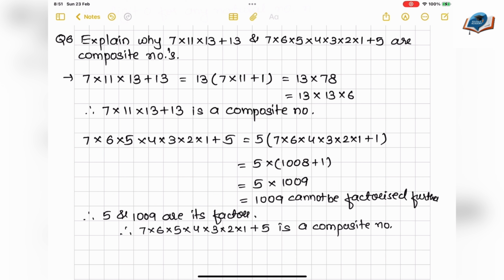Now next, theorem 1.3 says root 2 is irrational. So to prove that, first let us assume that root 2 is rational.